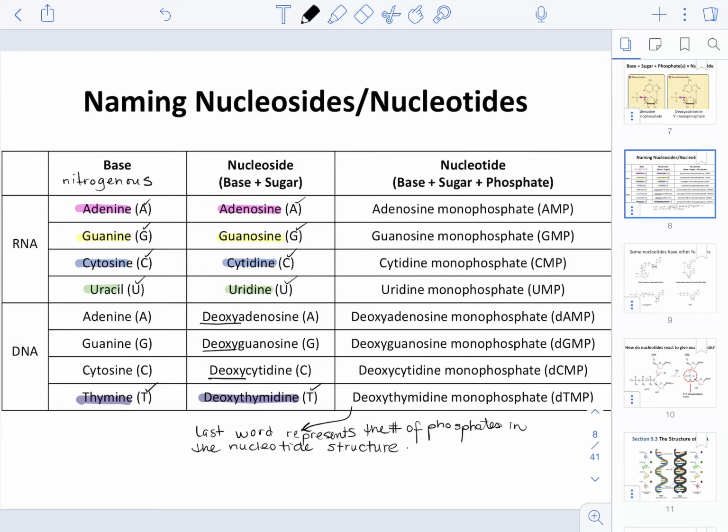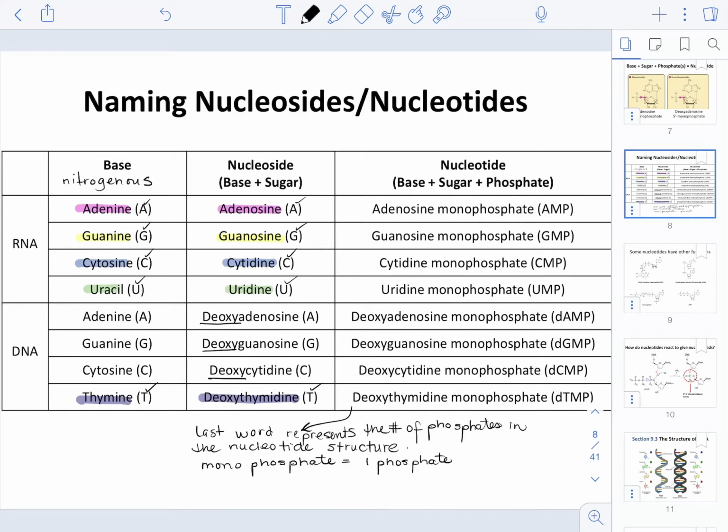So what does this mean? In this case, monophosphate represents one phosphate linked to the oxygen on carbon 5 in your sugar motif. We can have up to 3 phosphates present in these molecules.